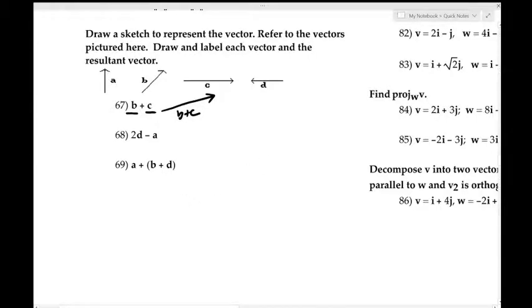Okay. Then let's say that we're doing a plus b plus d. So b plus d will be, this could be seen as b. Then right here we go d. Therefore the resultant will be this vector here. So b plus d right there.